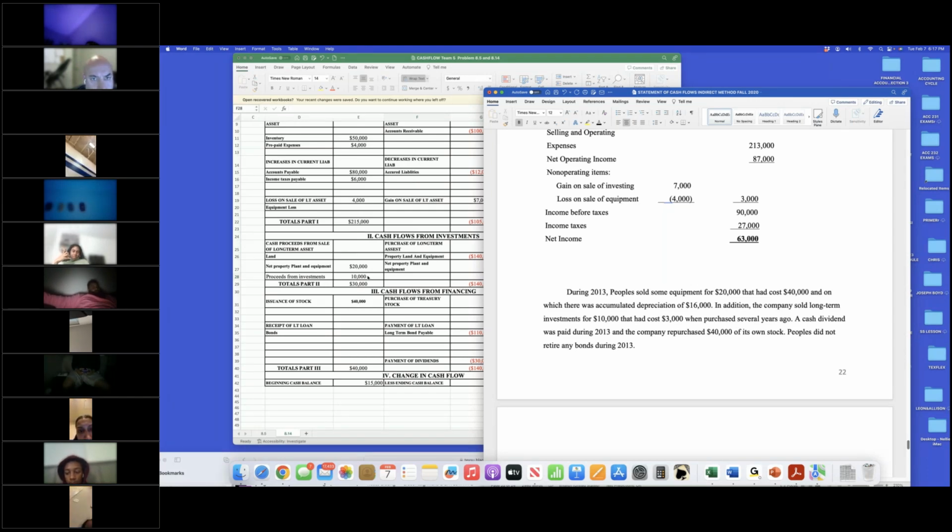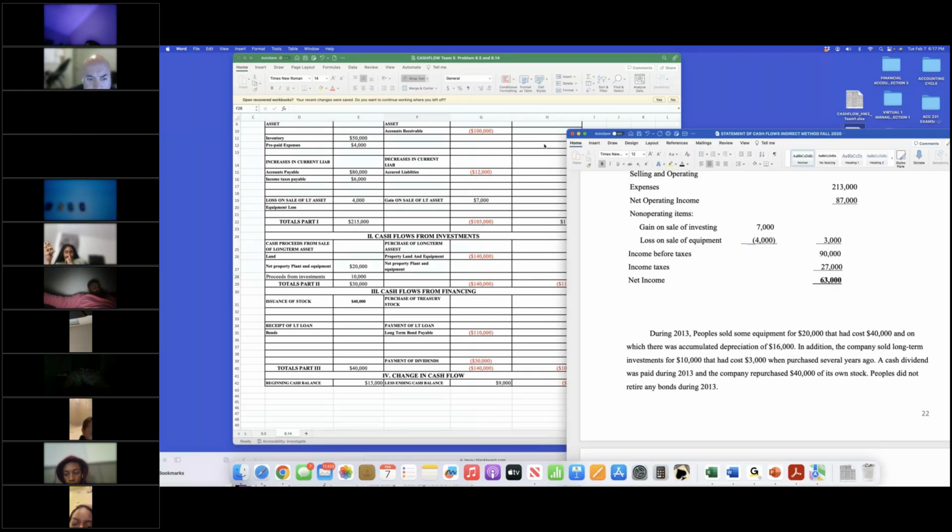Sold some equipment for 20,000, so this number needs to be 20,000. Then it sold the long-term investment for 10, so this needs to be 10. The loss is 4 here, and the gain is 7 here. A lot of information was put in there, but they actually answered it for you.